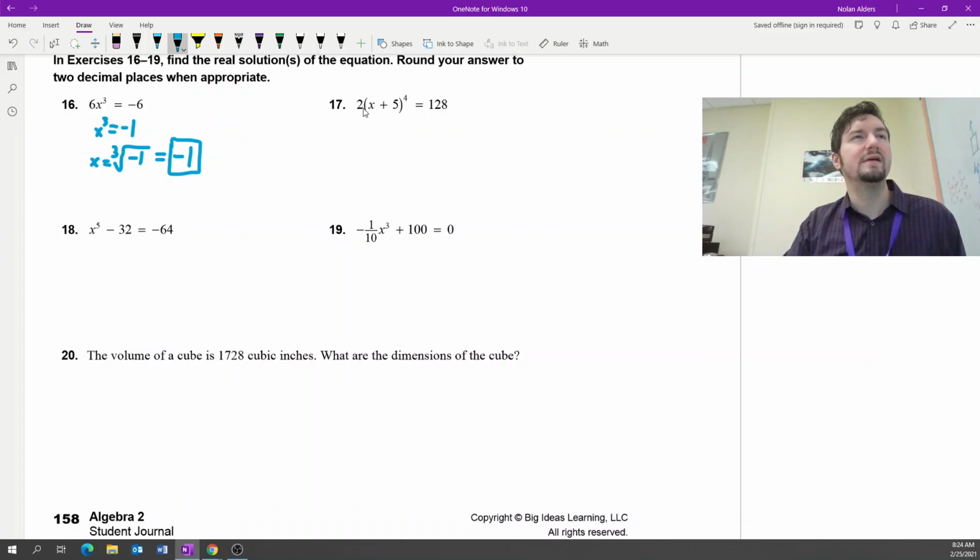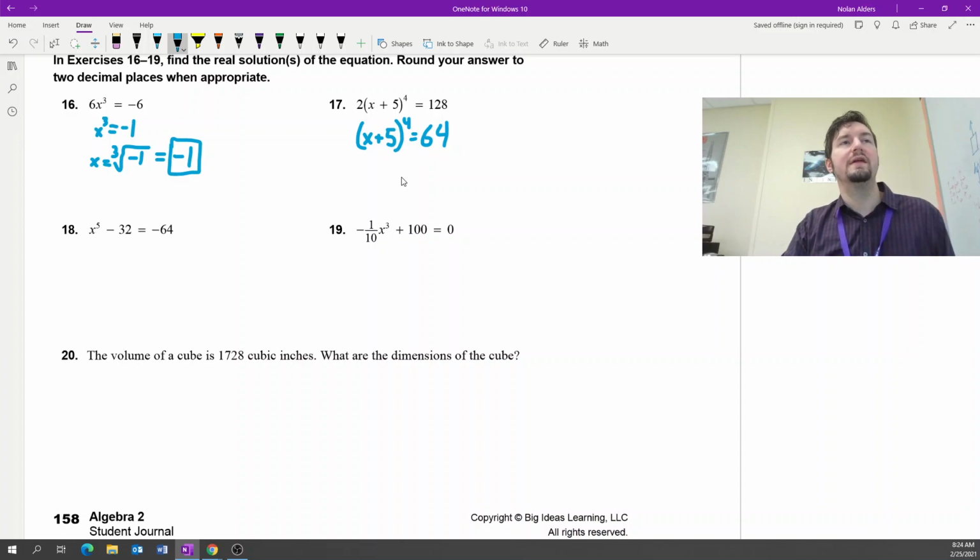Let's do one more. For this problem right here, first step would be to divide by 2. So we'll have x plus 5, all this to the 4th power, equals 64. And then if we want to get rid of this exponent, we'll take the 4th root of the other side.